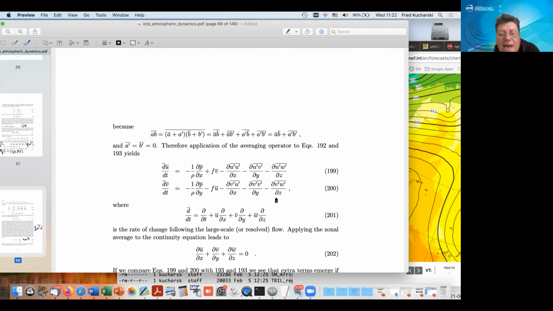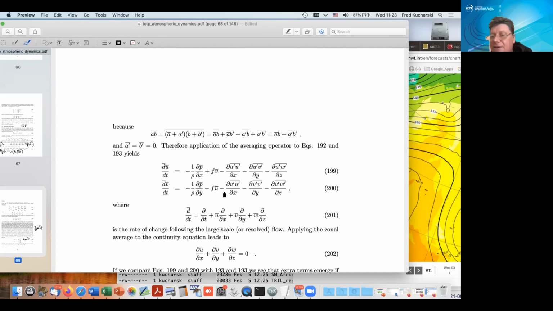Now, either we could say, and this is, of course, done in the free atmosphere, for example, these terms are probably small. And then we find, okay, if the flow is not accelerating, we have our geostrophic balance, for example.